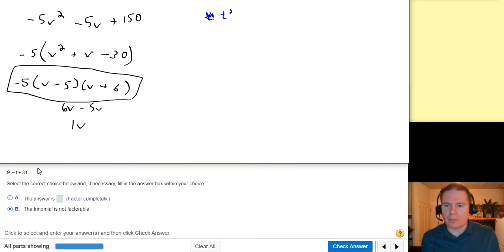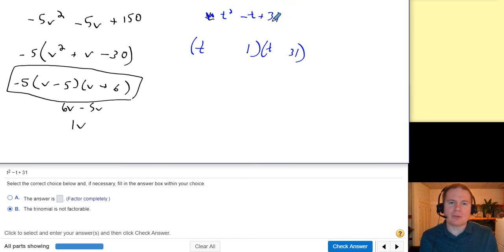T squared minus t plus 31. The only way to get t squared is t times t. Right? That's pretty easy. But 31 is also really easy. It's a prime number. The only product of whole numbers that's going to get you to 31 is 1 times 31. And there's no way t plus 31t is going to get you negative 1t.